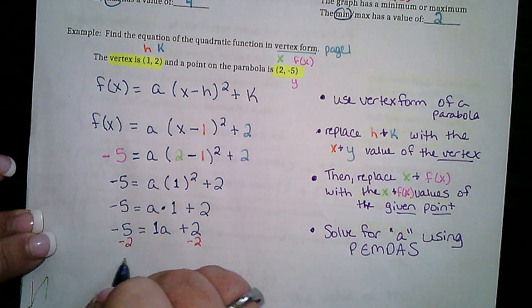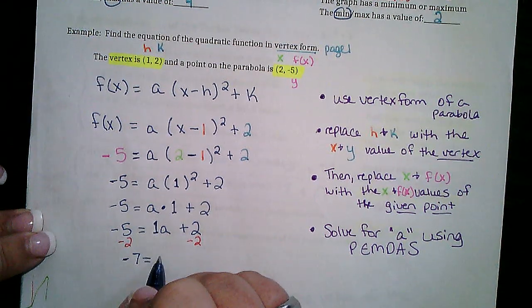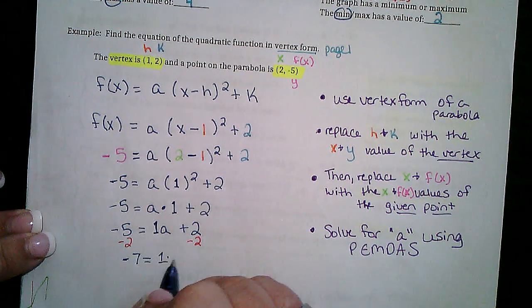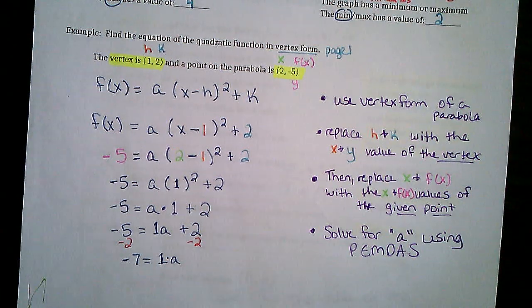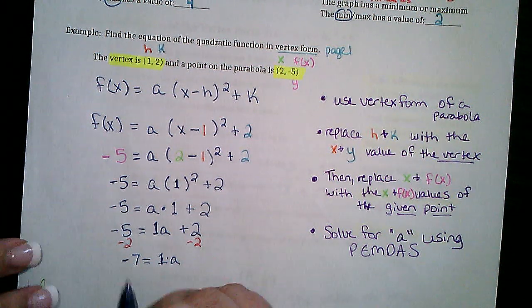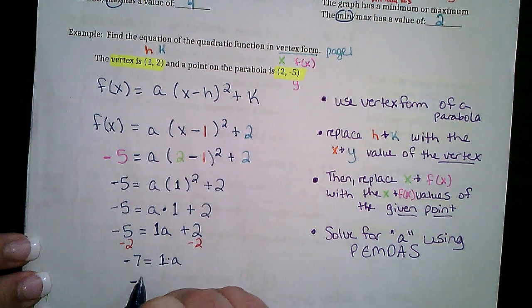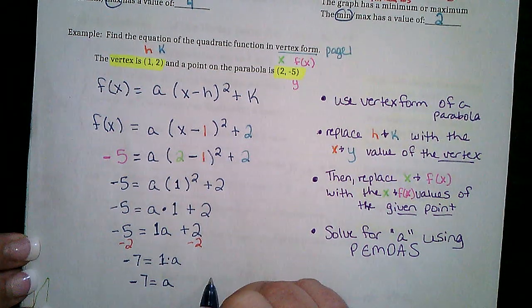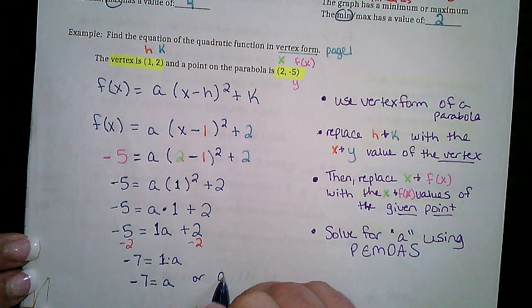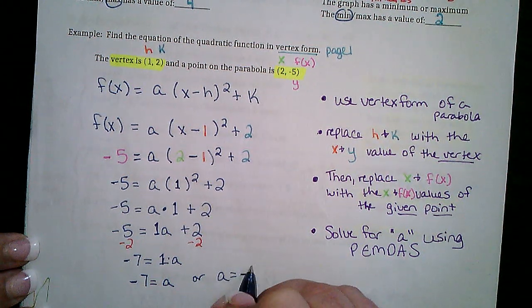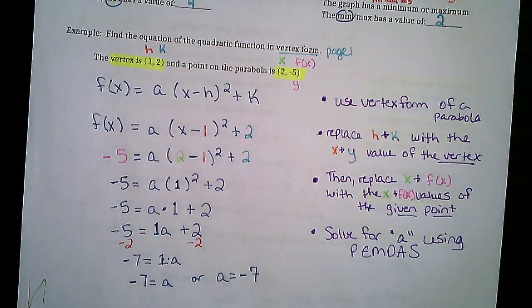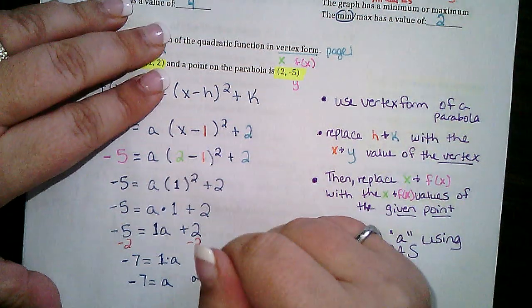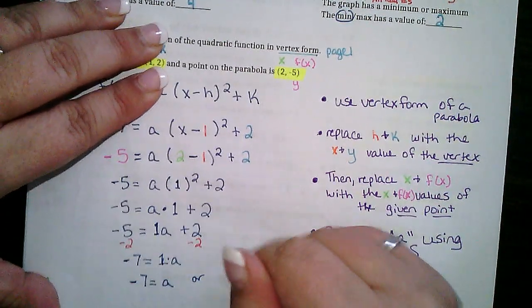So we would have -7 equals 1 times A. And I hope you remember from geometry or Algebra 1 or whatever that you don't need to divide by 1. Okay, so -7 equals A, or you could say that A equals -7. Actually, I'm going to write that in a different color. You could say that A equals -7.